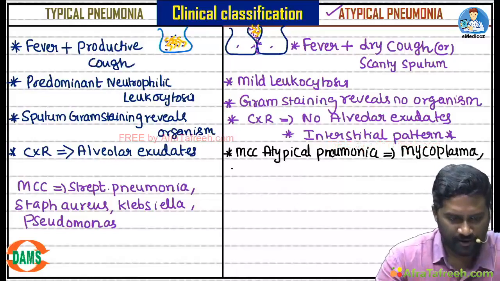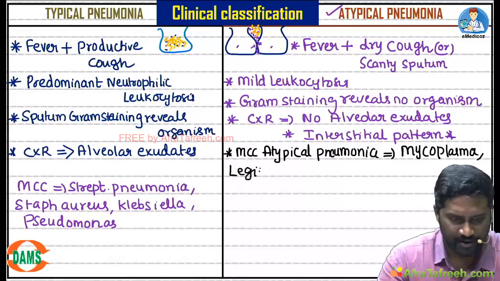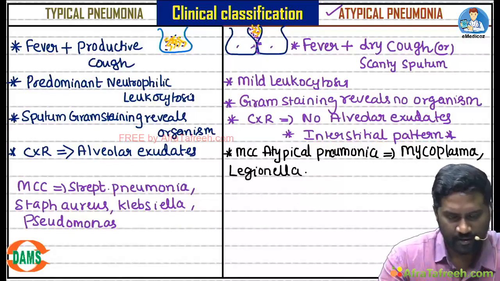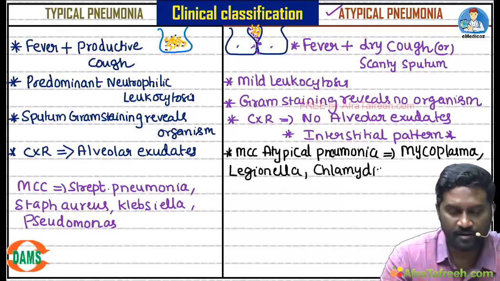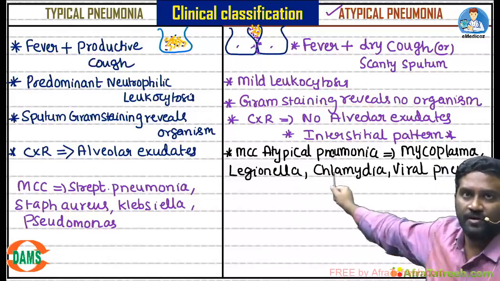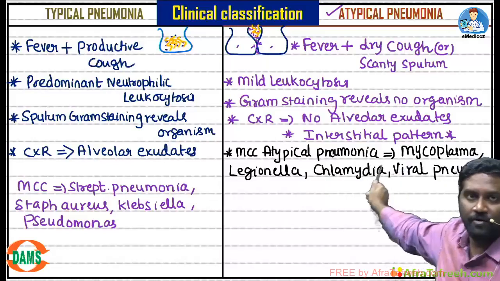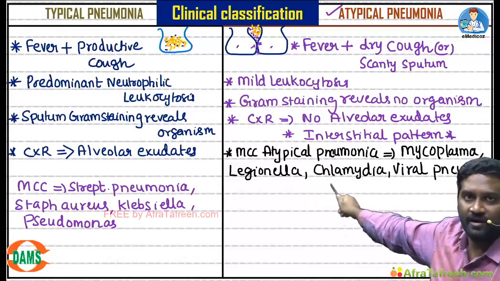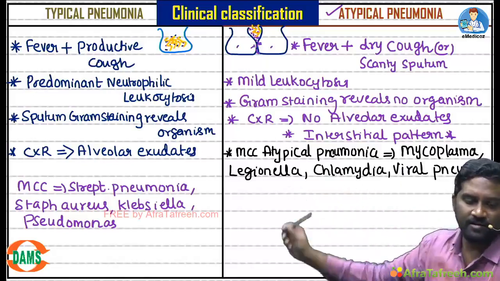Apart from Mycoplasma, Legionella, chlamydia, and various viral pneumonias are generally atypical pneumonias. So the most common causes of atypical pneumonia: Mycoplasma, Legionella, chlamydia and other viral pneumonias.